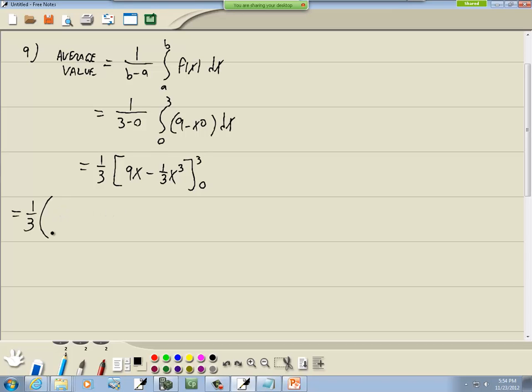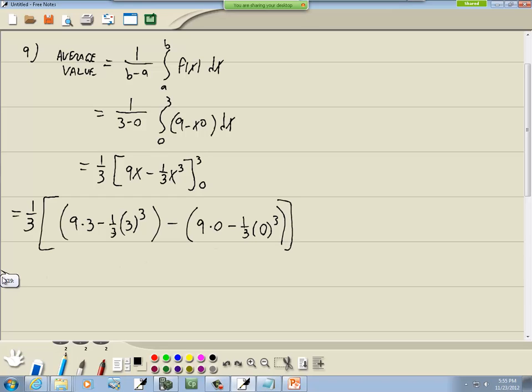If I plug in 3, I get 9 times 3 minus 1/3 times 3 to the third, minus 9 times 0 minus 1/3, 0 to the third. 9 times 3 is 27, minus 3 to the third is 27, divided by 3 is 9.